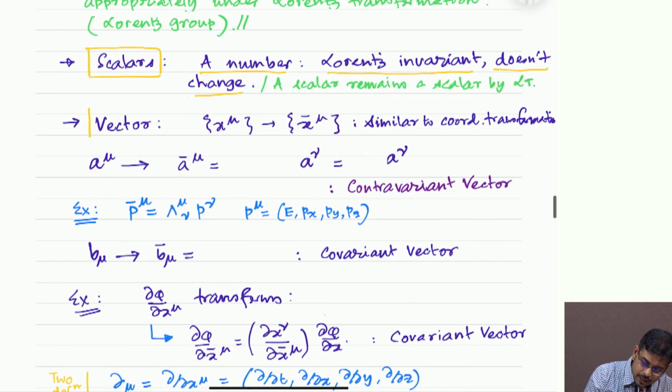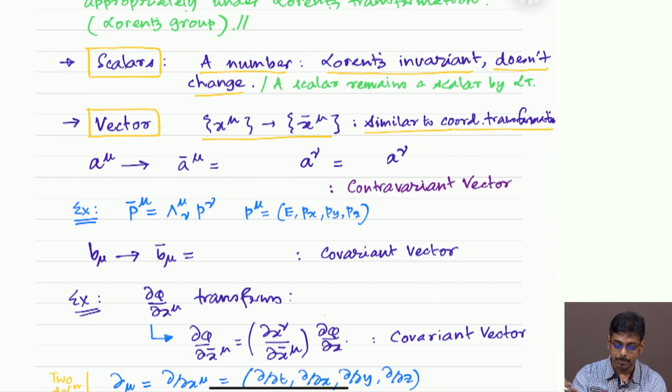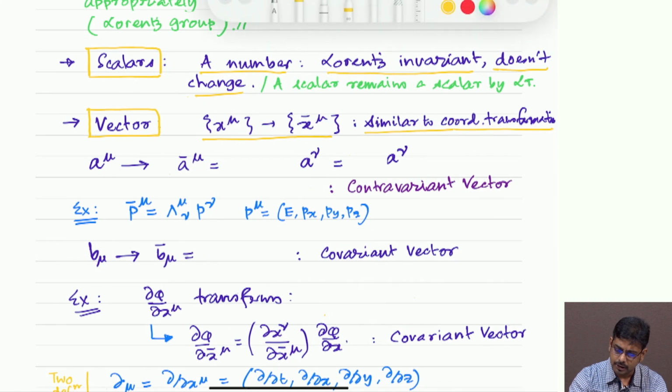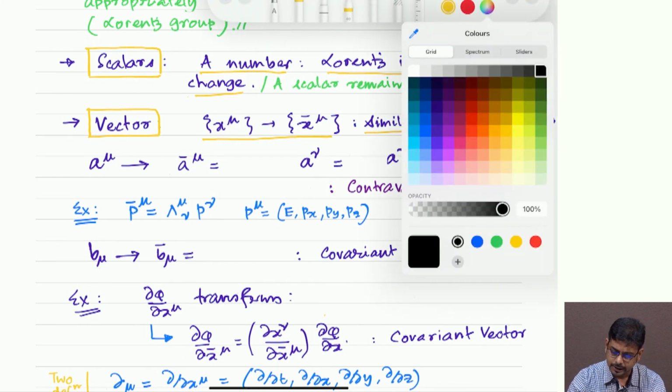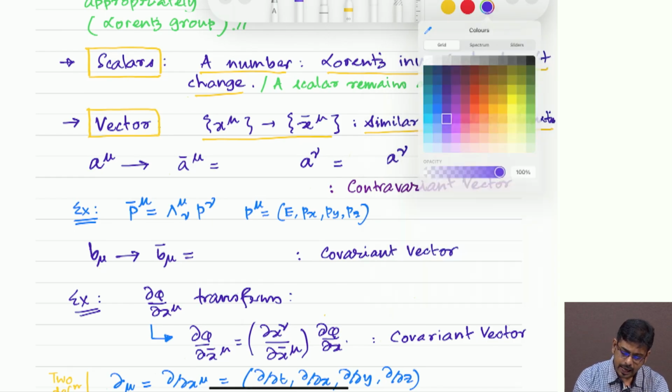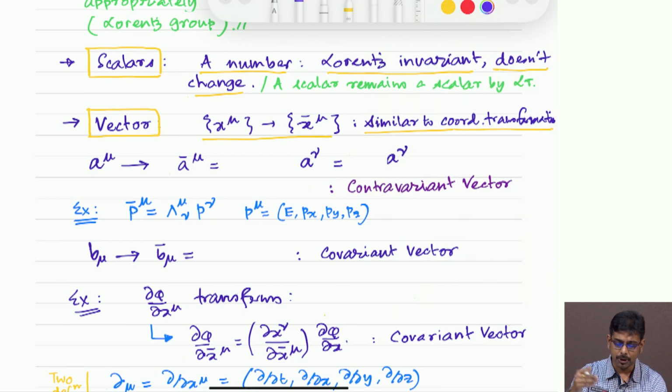So, any vector will actually have a transformation, which can be similar to the coordinate transformation, like x mu going to x bar mu. Now, there are two different kinds of vectors that we can define. The first kind is where the index is written in the superscript, like a mu going to a bar mu when you are going from S to S bar frame.